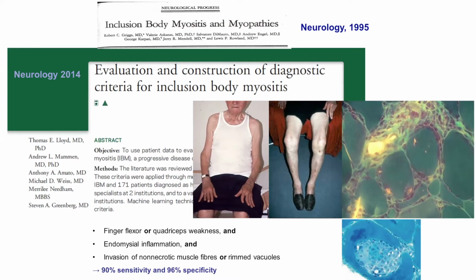And then roughly 20 more years to have the latest definition of inclusion body myositis: if you have finger flexor weakness and quadriceps weakness, and endomysial inflammation, that means inflammation within the muscle, and invaded fibers, as you can see here, or the presence of rimmed vacuoles, then the probability of having an inclusion body myositis is very high.